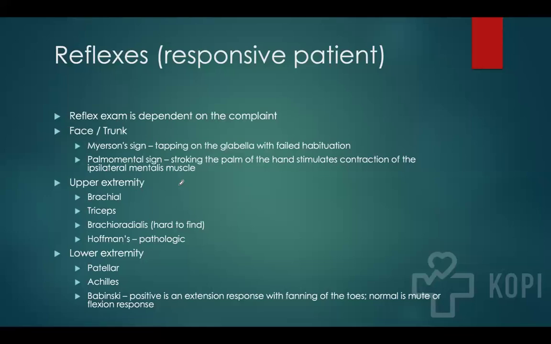For a responsive patient, reflexes are usually focused based on the patient's presenting complaint. If they come in with arm weakness or leg weakness, then I certainly will test the reflexes of that extremity. Under usual circumstances, with isolated limb complaints, I'm testing coordination, strength, and then reflexes.